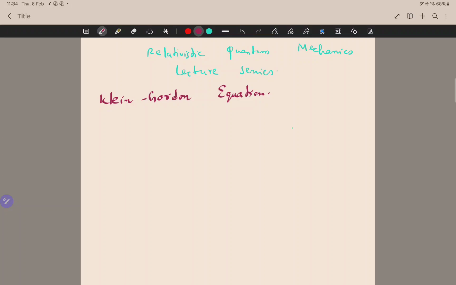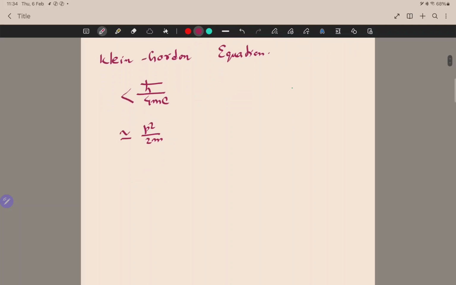In relativistic quantum mechanics of one particle, it cannot be localized in space within a volume of linear dimension less than ħ divided by 4mc, since otherwise the energy of the particle, approximately p square divided by 2m, will be greater than 2mc square.